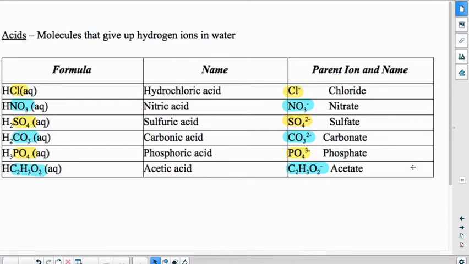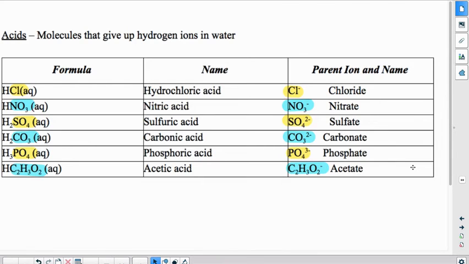The formulas for these acids are related to their parent ion, as are their names. Probably the most common laboratory acid is hydrochloric acid. It's made from the chloride ion, and when hydrogen chloride is dissolved in water or becomes aqueous, it gets the name hydrochloric acid.